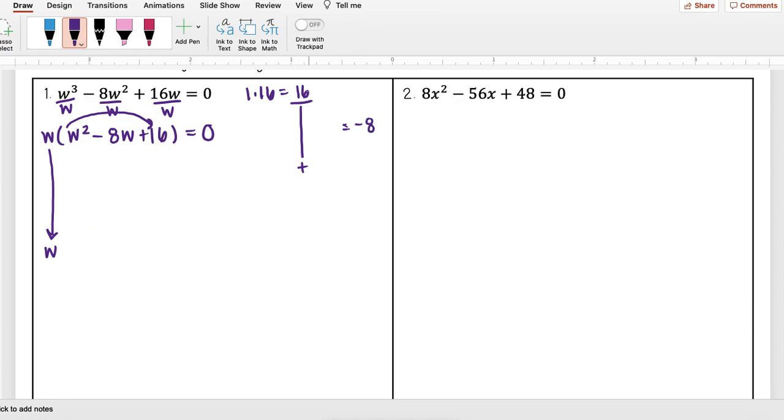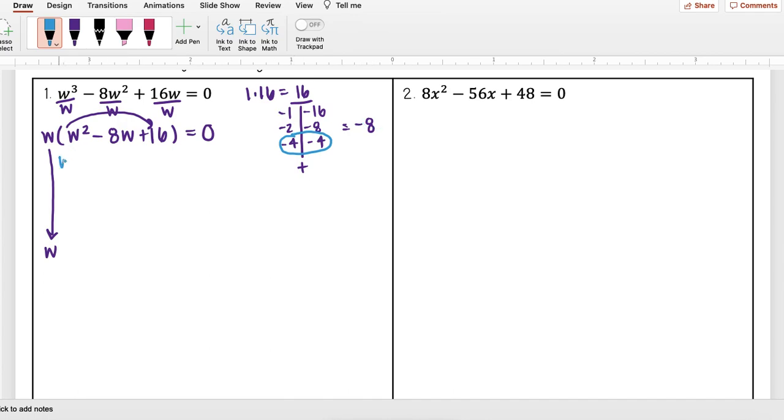Since I'm multiplying to positive 16 and adding to negative 8, both of these numbers need to be negative. So I have negative 1, negative 16, negative 2, negative 8, negative 4, negative 4. And I see from all of those, negative 4 plus negative 4 gets me my negative 8.